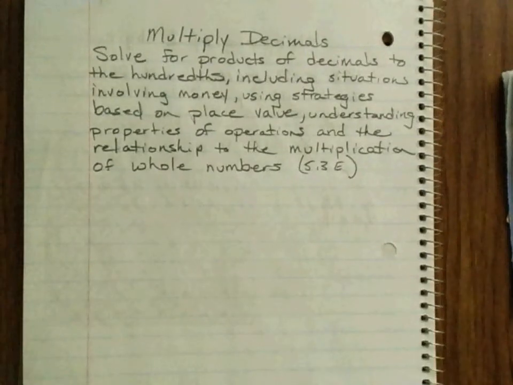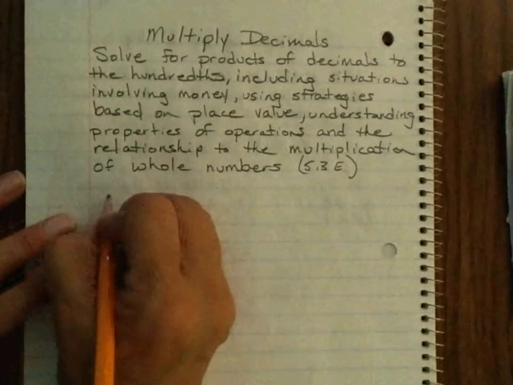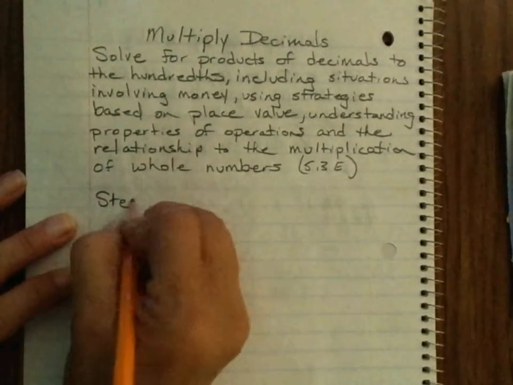Okay, the main difference that you need to remember when multiplying decimals is we do not line them up like when we add and subtract decimals. We do not line them up. So here's what we do. Step number 1.